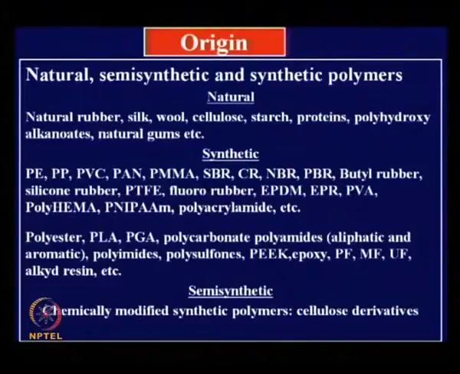If time is permitted, I shall discuss something about petrochemicals. What are petrochemicals? How these polymeric raw materials or monomers are obtained from petrochemicals, I will discuss. Some of you might have read this in your previous course. So, synthetic polymers, since these are prepared by synthetic route, artificial means in the laboratory, in the industry, in chemical reactors, in polymerization reactors, we call them synthetic polymers.